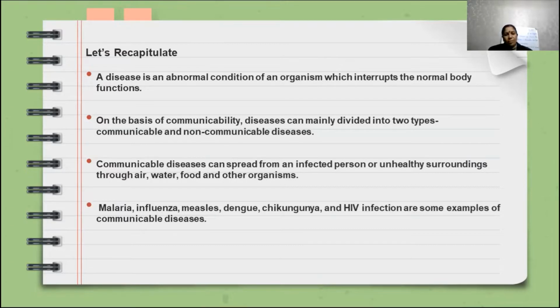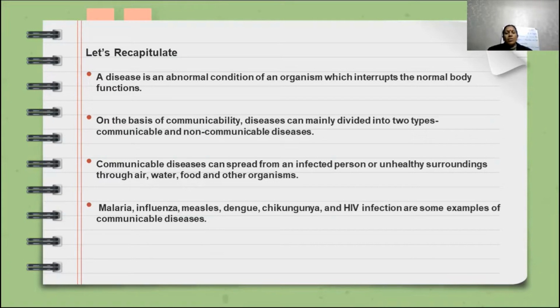Communicable diseases can spread from an infected person to a healthy person. This infection happens through unhealthy surroundings, through air, water, food, and other organisms.